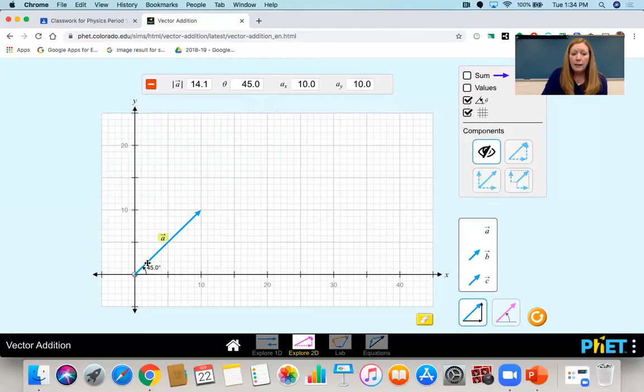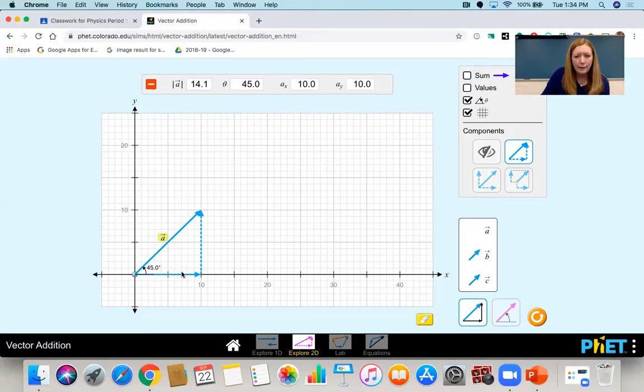If I wanted to take that trip and break it down into what's called components, I also could have gone straight over to the right 10 meters. Yeah, this vector here is 14.1. I'm sorry, guys.